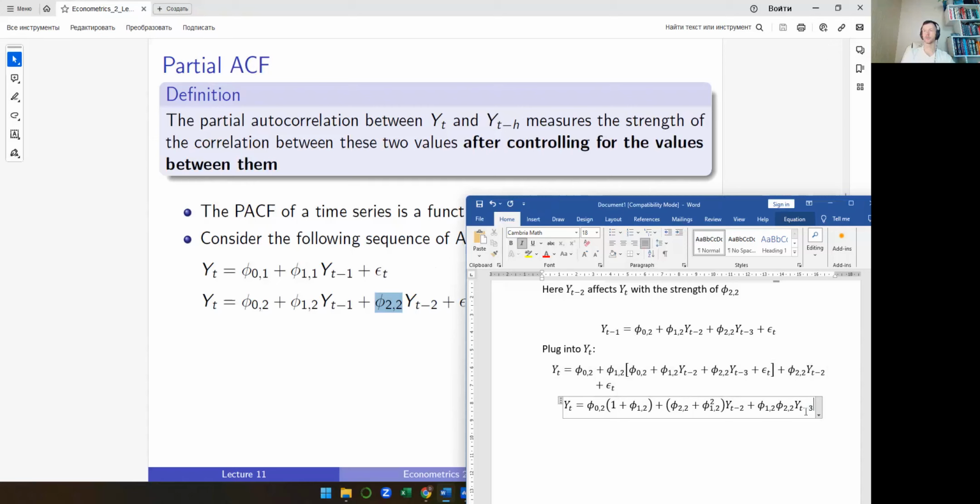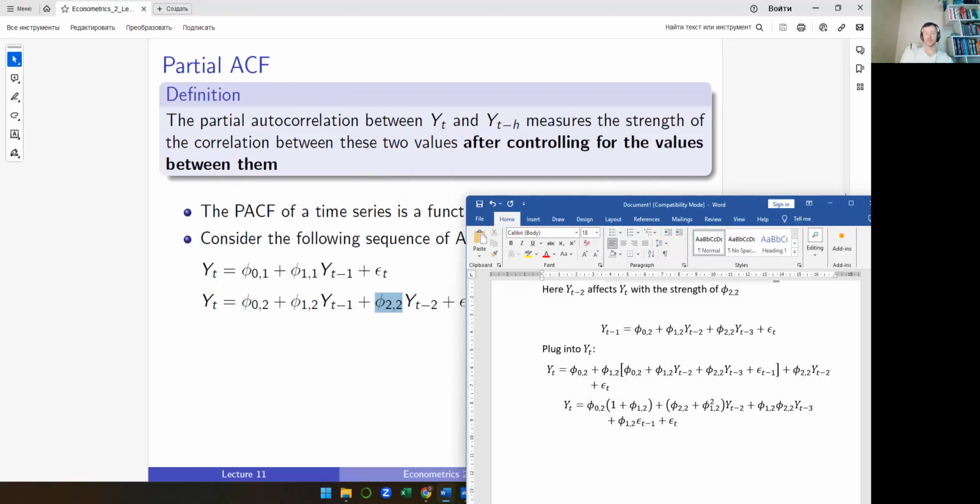Now y t minus 2, perfect. And then we have also epsilon t. Sorry, this must be epsilon t minus 1, right? It's not epsilon t. So this times epsilon t minus 1 plus epsilon t.